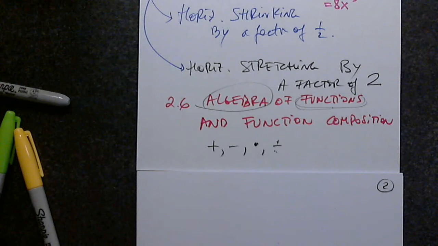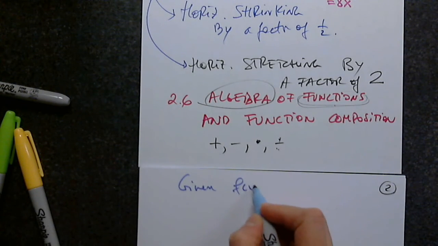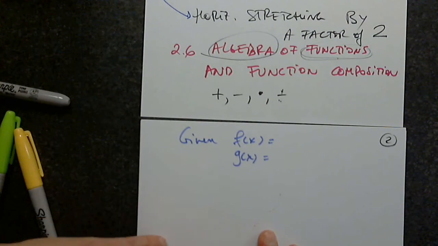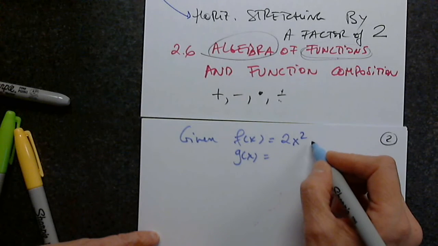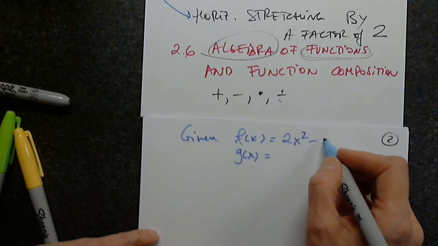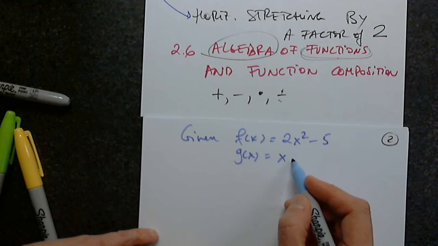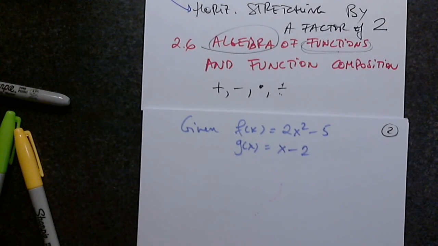So given two functions, given f of x and g of x, please give me two functions. Anything? Very good. 2x squared minus 5, and let's say x minus 2. We can create 4 different functions with these. Well, actually 5, but when you talk about algebra, 4.